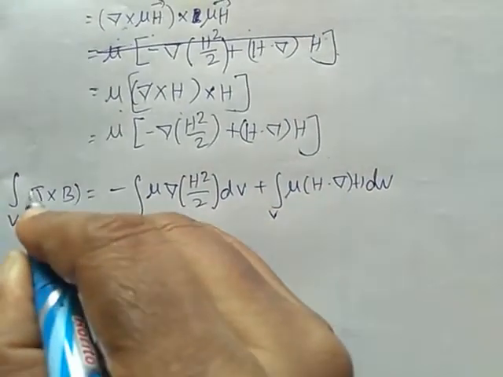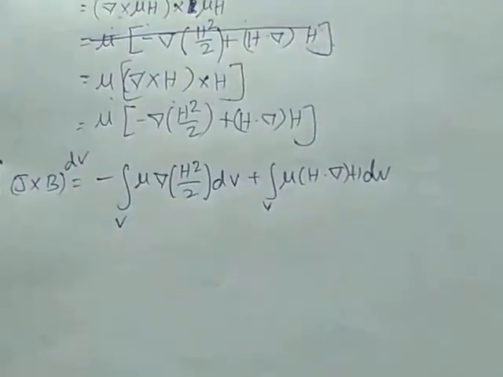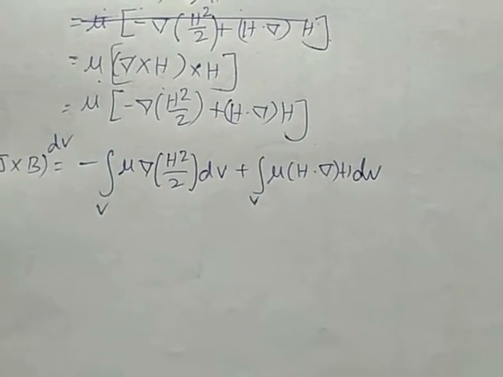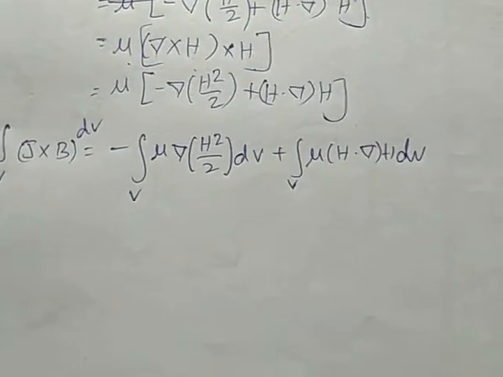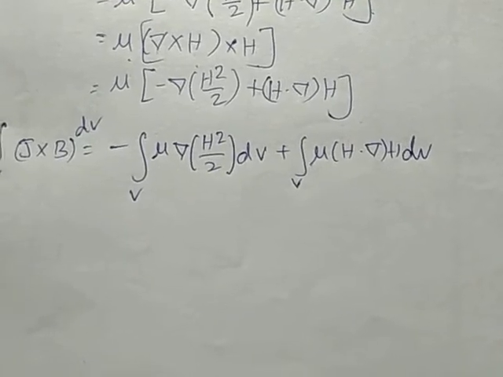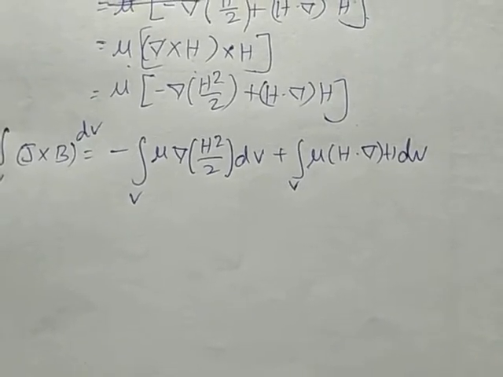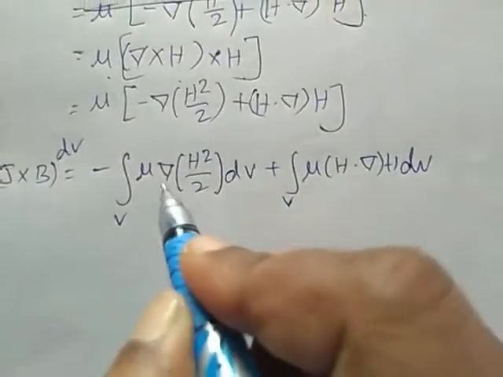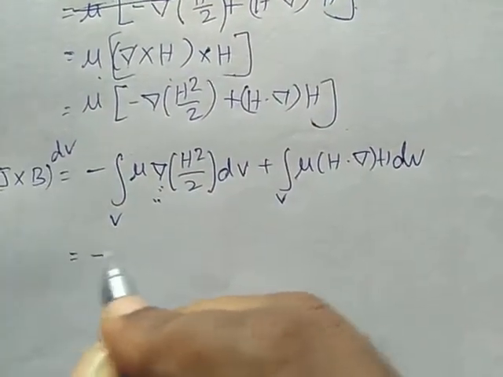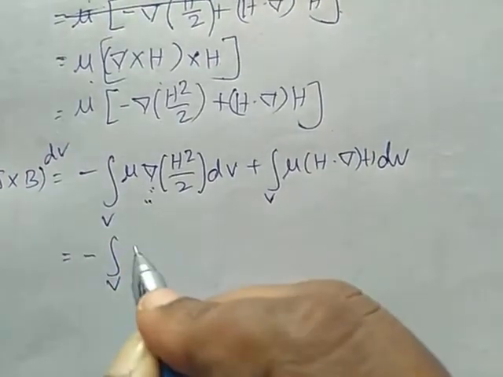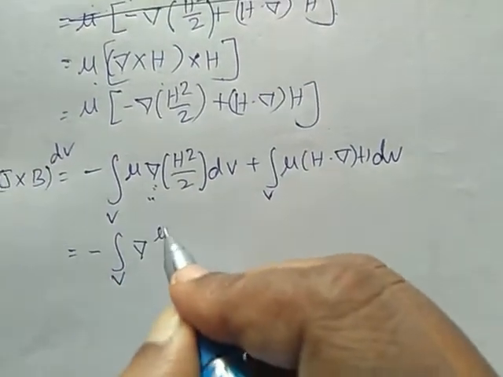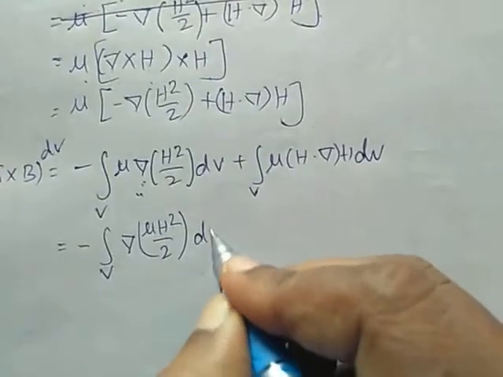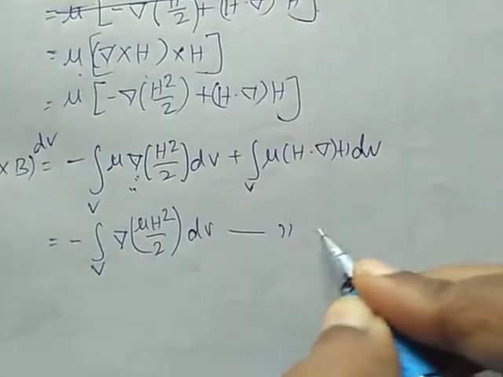This integration is also with respect to volume. Now we are going to change this volume integral to a surface integral. Before that, this first integral I am going to write as minus integral of del of mu H square by 2 dV, because mu is constant, and the second term remains as it is.